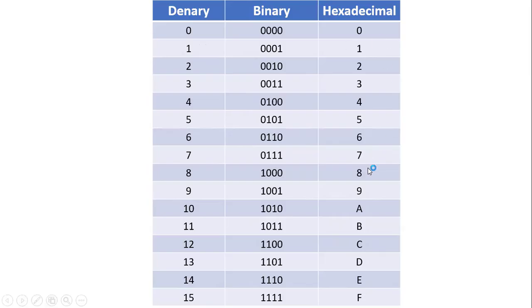So from 0 to 9 are the numbers. And then 10 in hexadecimal is A, 11, 12, 13, 14, 15. So these are the hexadecimal digits. They are equivalent to these binary numbers and these denary numbers. We have already covered how to convert between these three types of numbers.